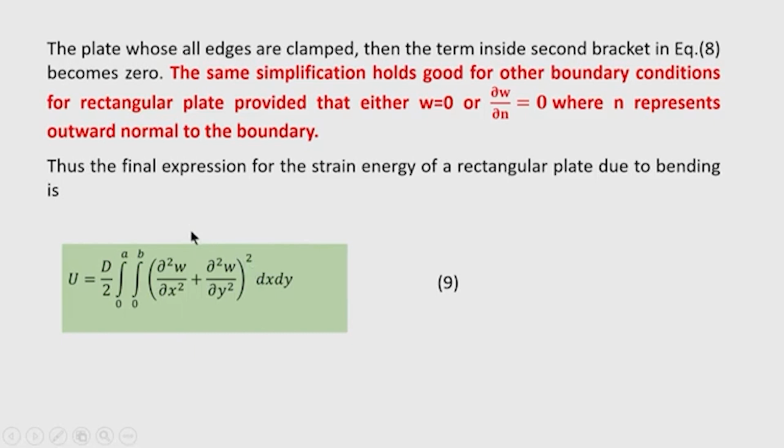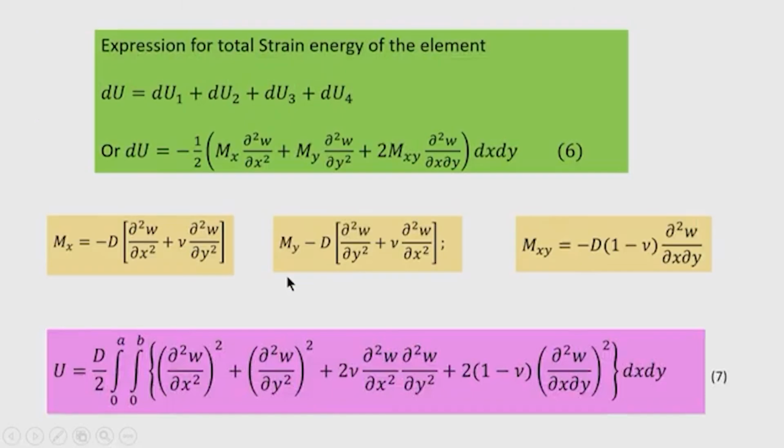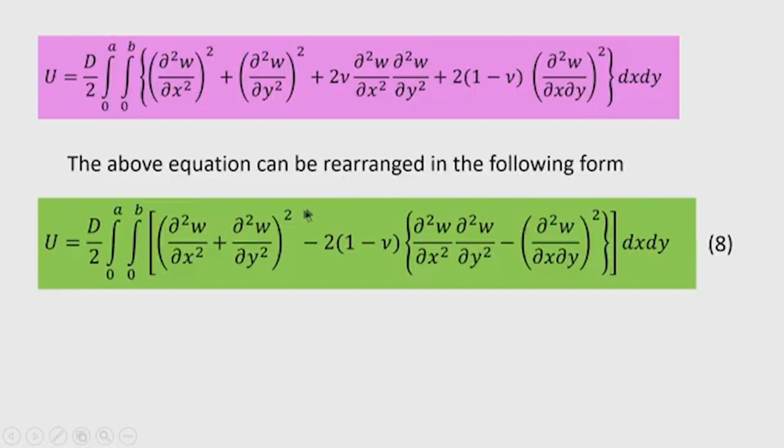So, the strain energy for the plate which has all the edges supported can be written as U equal to D by 2 integration. Why is the integration required? Because this expression was only for one element. So, after integrating we get the strain energy for the entire plate, that is, the entire domain; we integrate 0 to a, 0 to b, which are the limits of the plate.